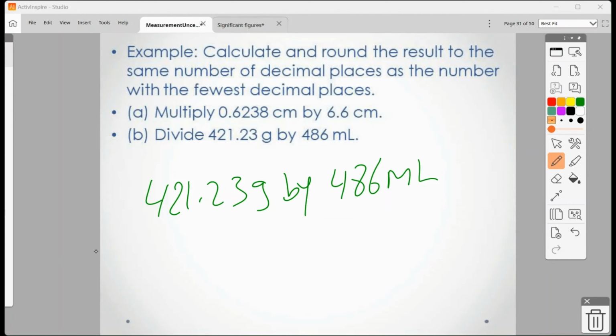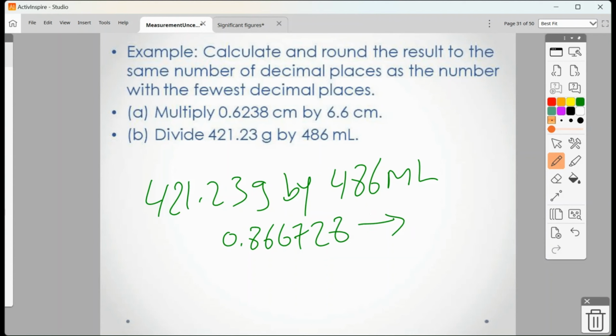So 421.23 divided by 486. The answer is 0.866, then 7 to 8, and it continues.